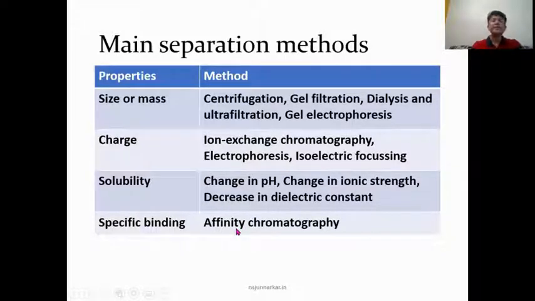So here you can see that several separation methods can be used for purification of the proteins, and as the proteins get purified, the activity of the protein can be increased in the sample. So if it is an enzyme, then the specific activity of the protein sample will increase as the purification increases.